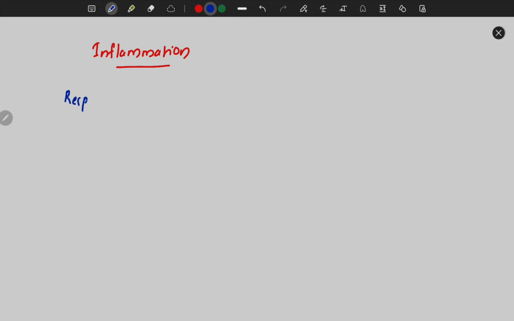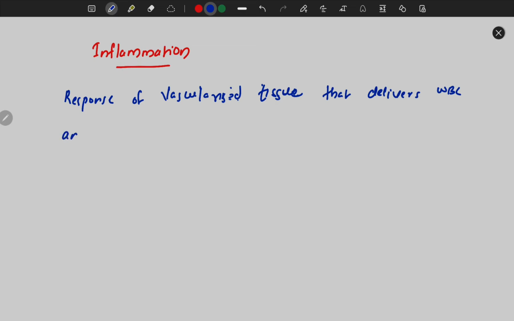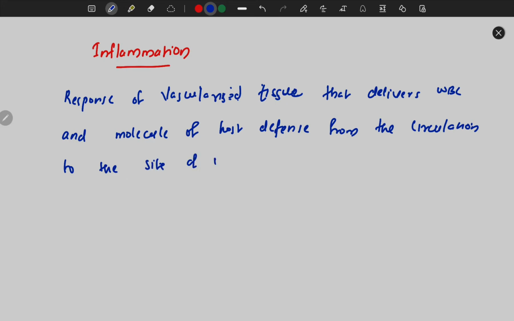That response of a vascularized tissue delivers the WBC and the molecules of host defense from the circulation to the site of infection and to the site of cell damage in order to eliminate the offending agent.